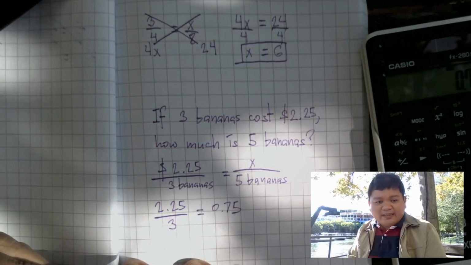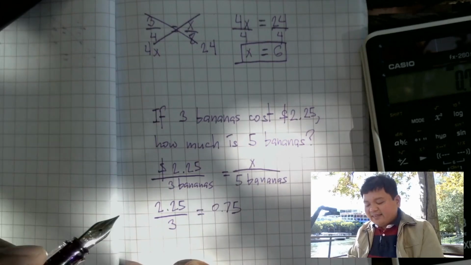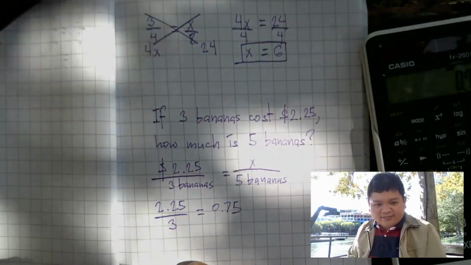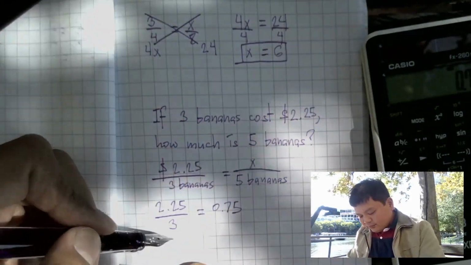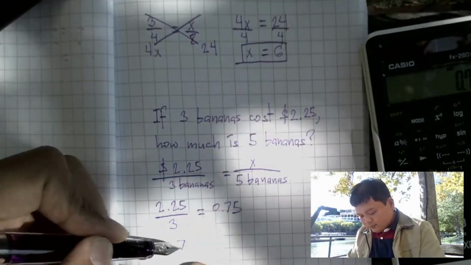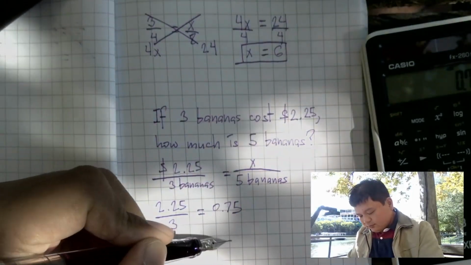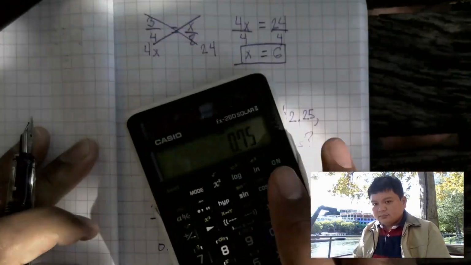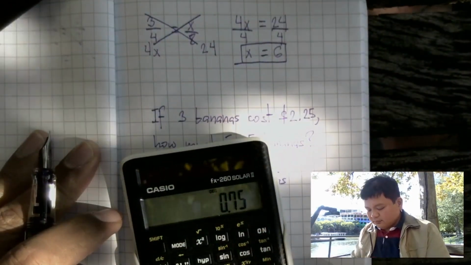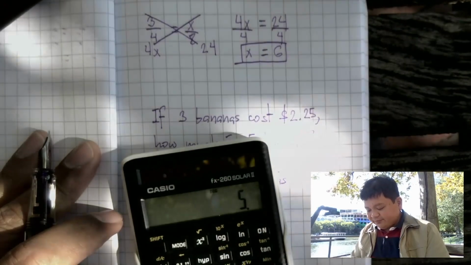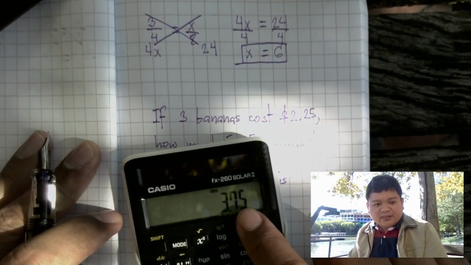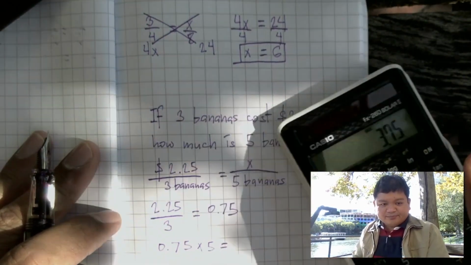Since we need 5 bananas, we will need to multiply this unit rate by 5. Times 5, which gives me 375.